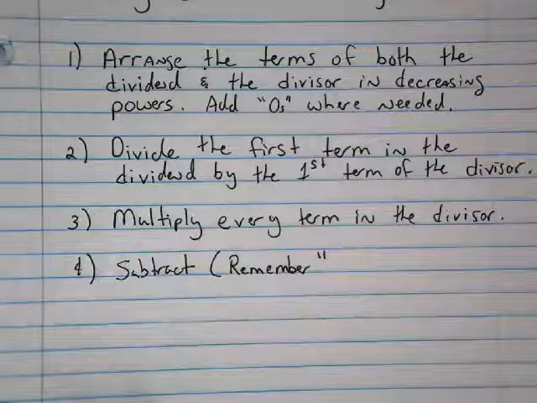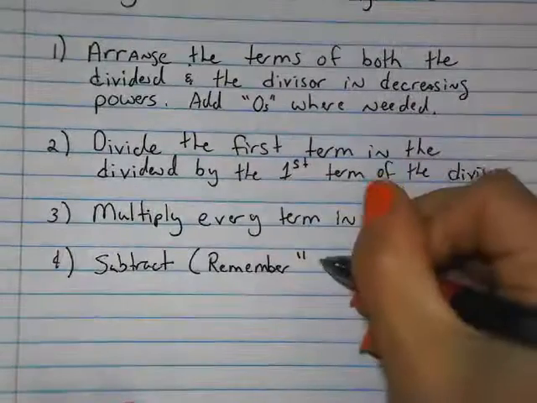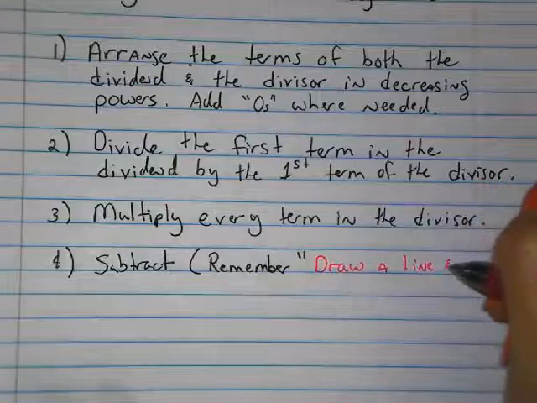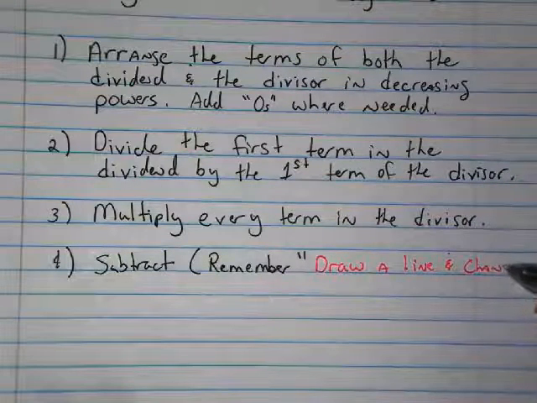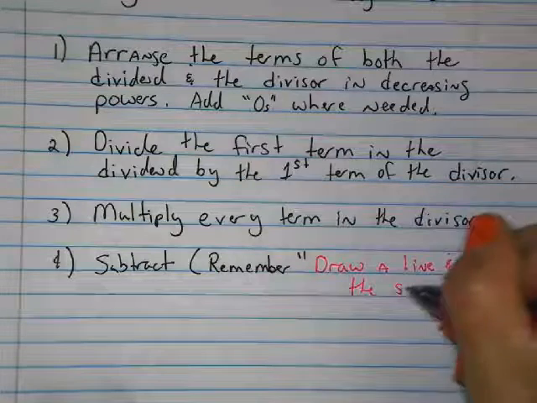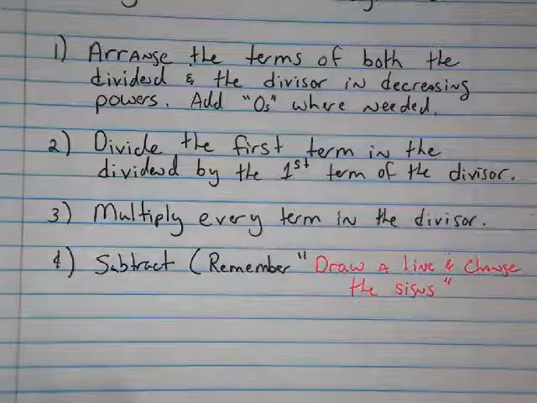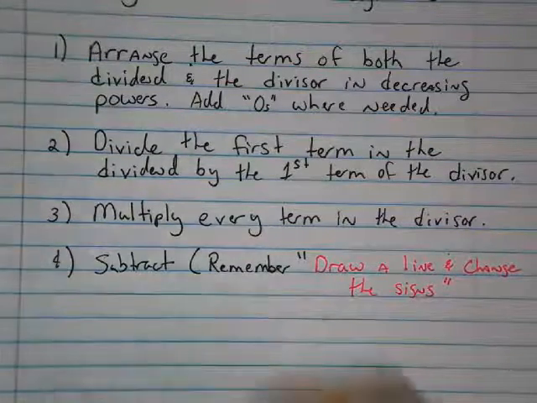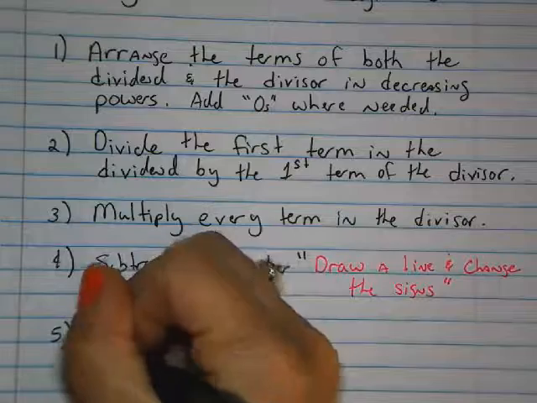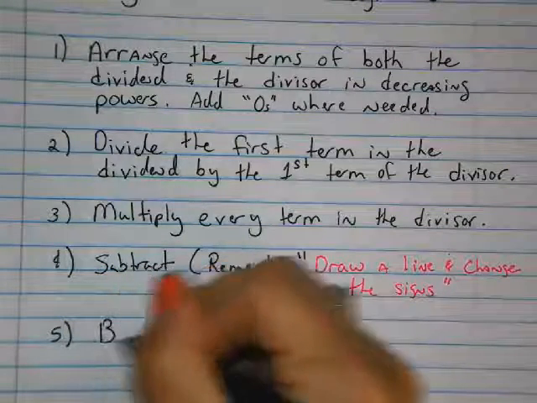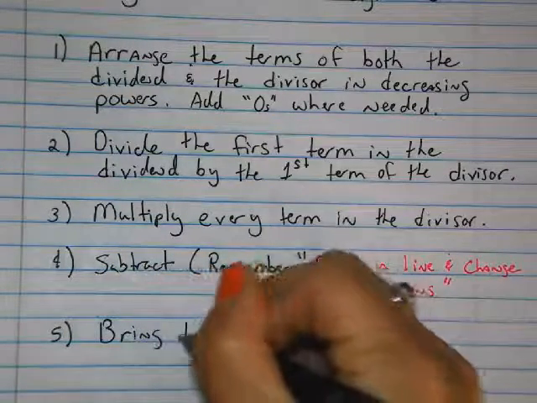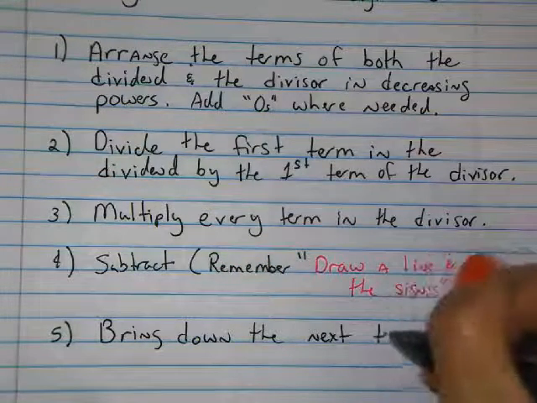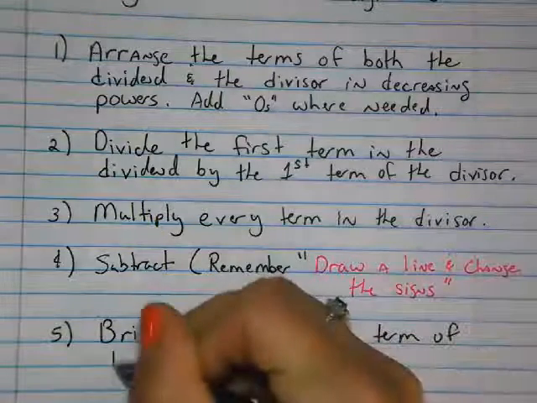And I'm going to give you a little memory device here. Draw a line and change the signs. So you'll keep hearing me say that over and over again. Draw a line, change your signs. Bring down the next term of the dividend.